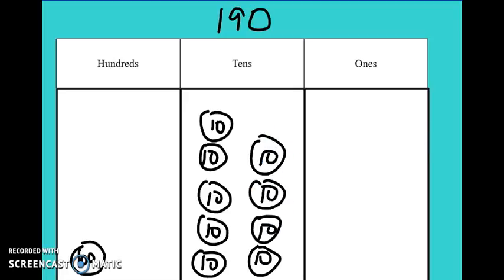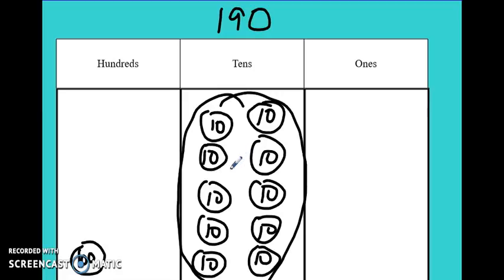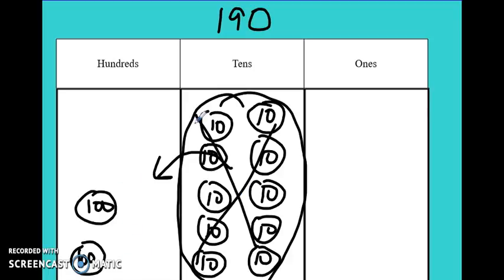Let's say I want to do 10 more than 190. So I add my 10 more. Now I have 10 tens. So I can circle my group of 10, bring it over, and make another 100. So now 10 more than 190 is 200. We had to make a group of 100 because we had 10 tens.